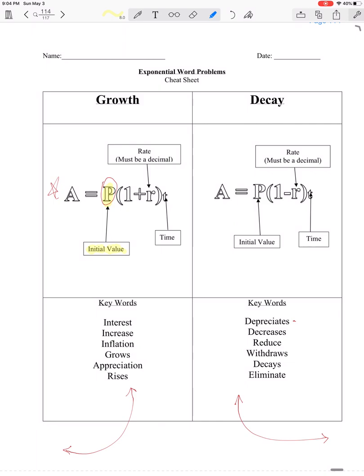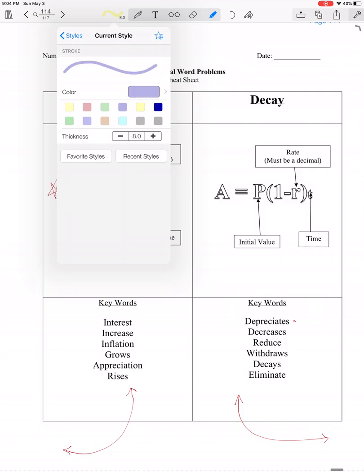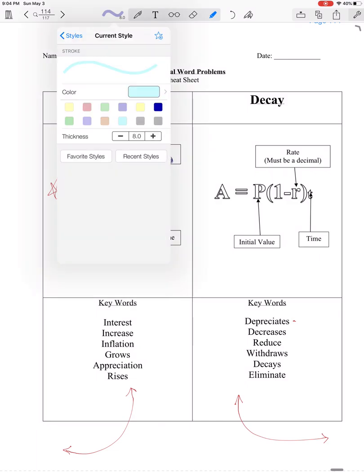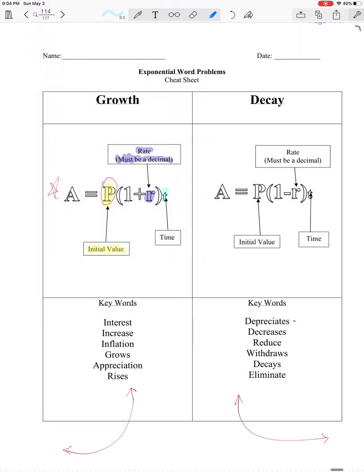Then we have 1 plus R. R is the rate, but as a decimal. This is really important. It must be a decimal. Now I'm going to refresh your memory on how to convert percents to decimals. We'll refresh that in this lesson. And T is pretty easy to remember because T just stands for time.